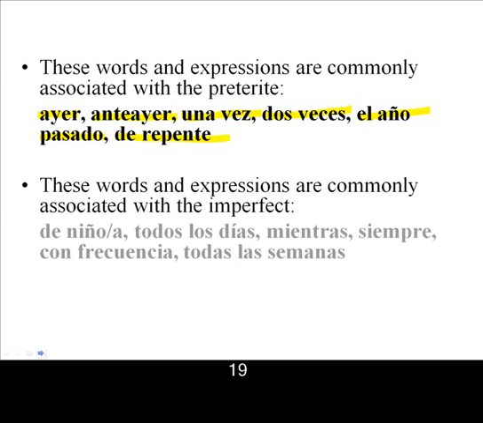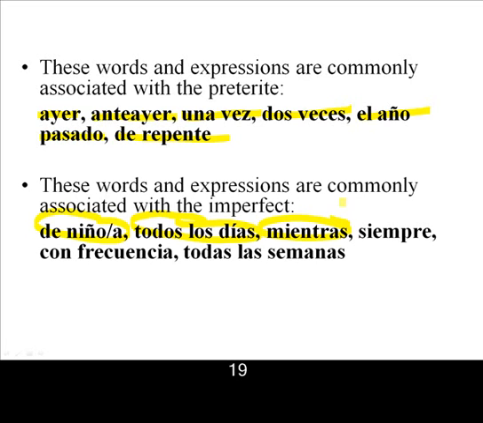With the imperfect, we associate the terms that go de niño, todos los días, mientras, siempre, con frecuencia, todas las semanas. Okay? All of these things indicate the imperfect because they refer to ongoing things.